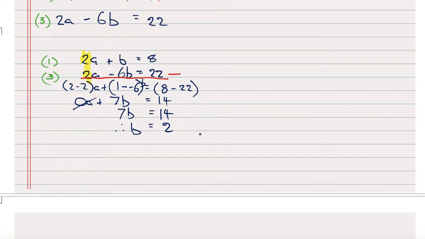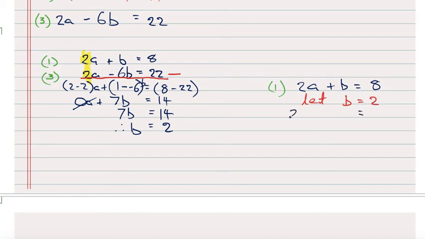Excellent. Now, next step, because b equals 2, let's grab equation 1 and substitute b into equation 1. So equation 1 is 2a plus b equals 8. I'm going to let b equal 2.